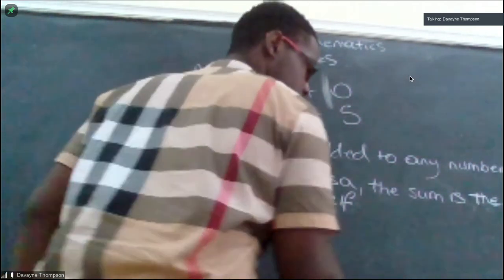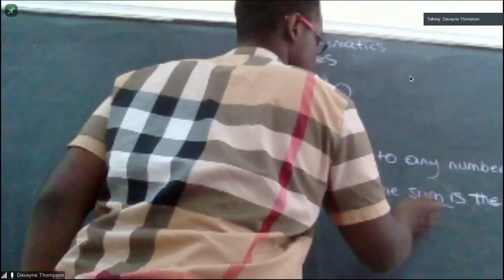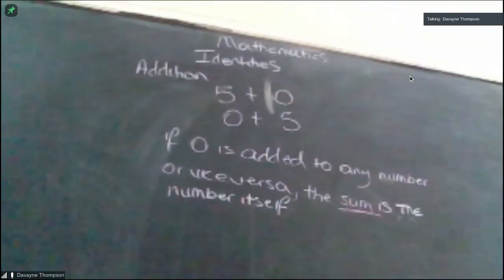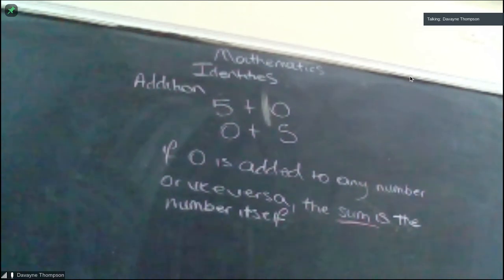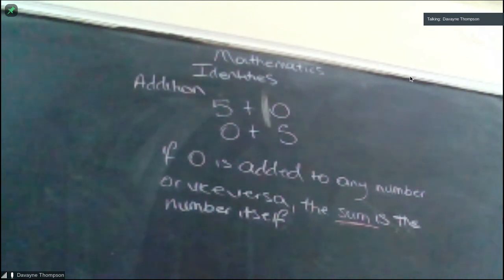Alright, underline the word sum for me. We're going to define what sum means. So quickly tell it out for me. One person, David, what does the word sum mean? David? Oh, I called on David already. Let's say Jazia. What does the word sum mean?